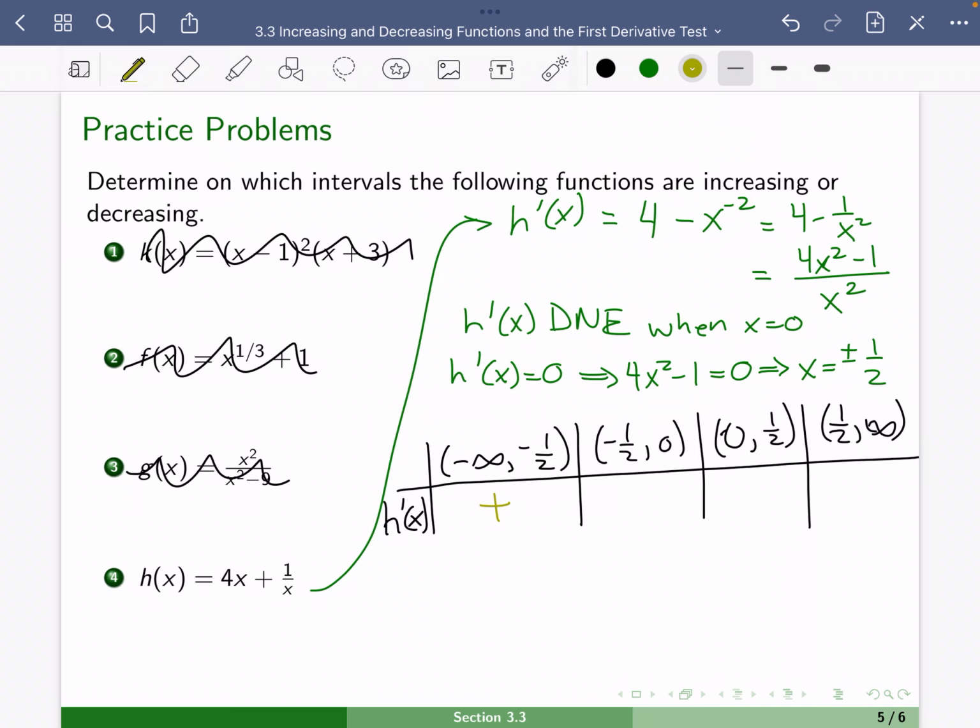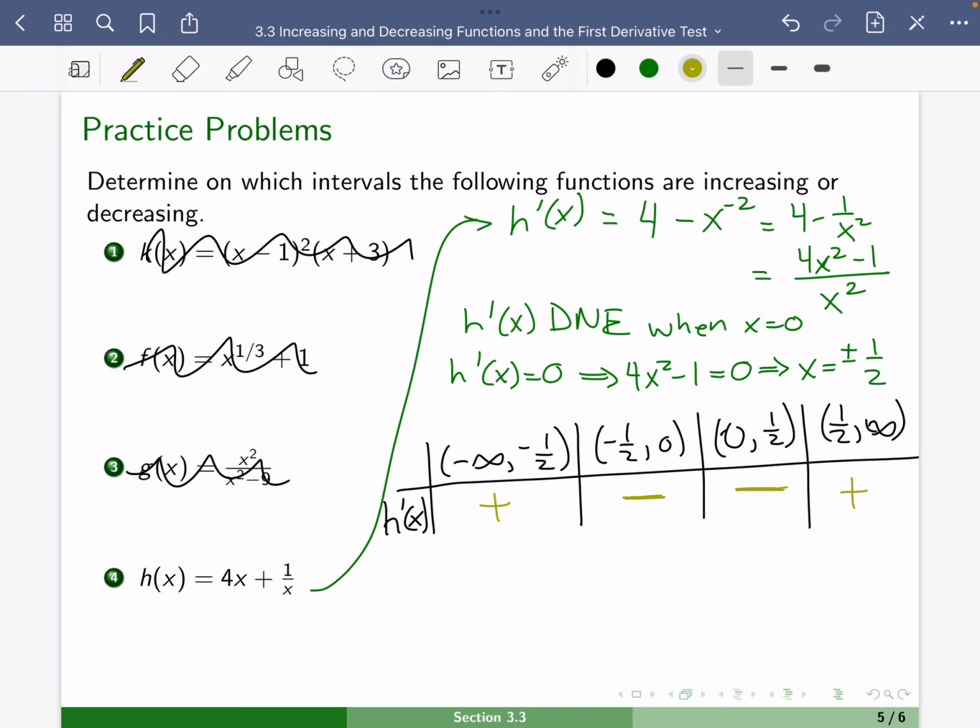If we take something between negative 1/2 and 0, so like negative 1/4, plug that in, we will get a negative. Plug in positive 1/4, you will also get a negative. Plug in something bigger than 1/2, and we will get a positive.